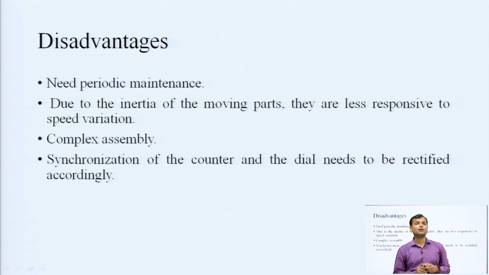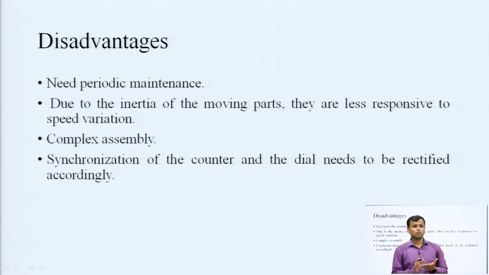Now, there are also certain disadvantages of the mechanical revolution counter. First, it needs periodic maintenance because all the arrangements are mechanical. So, periodically we need maintenance of all the devices used in the mechanical revolution counter. Also, due to the inertia of the moving parts, they are less responsive to speed variation.